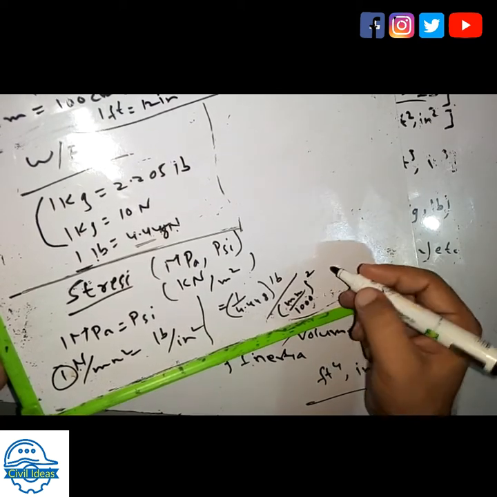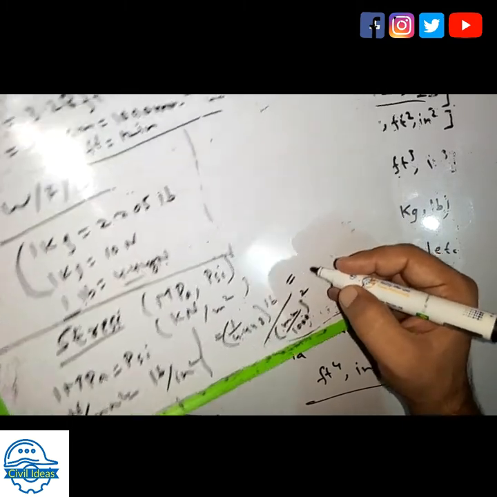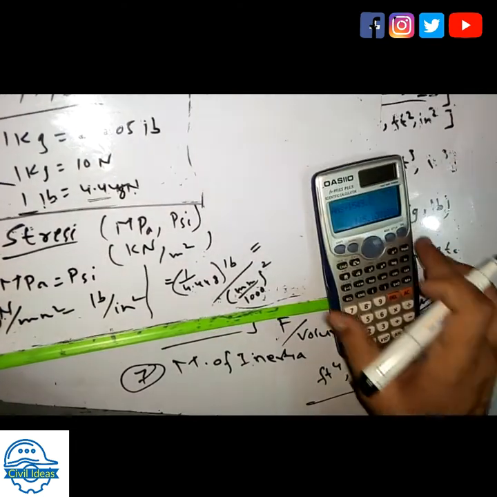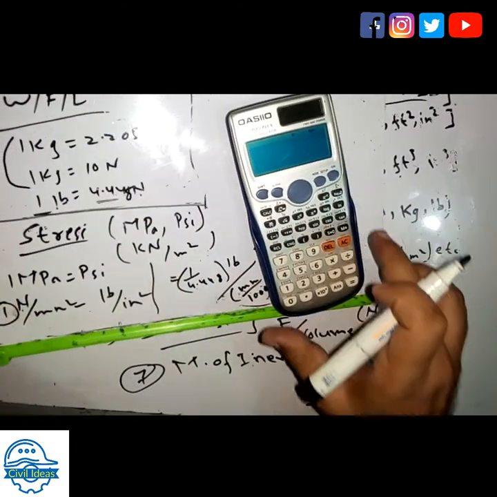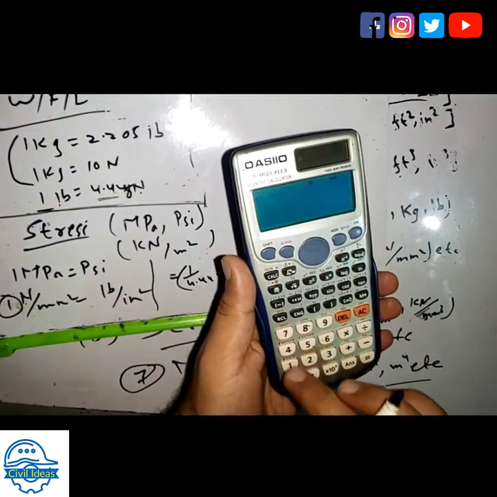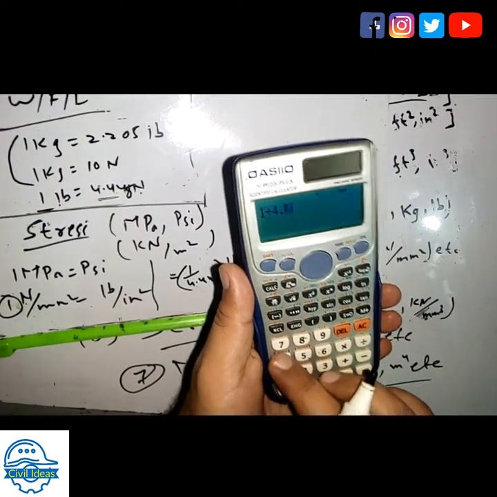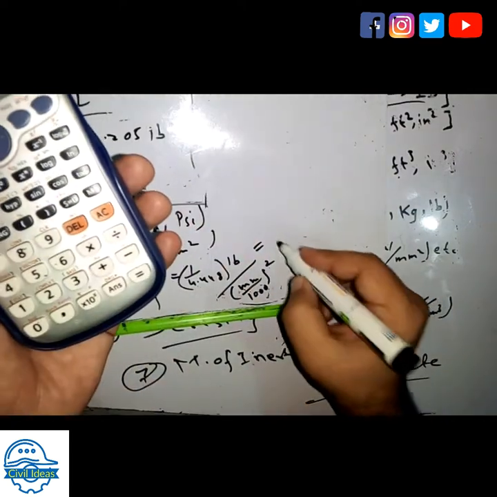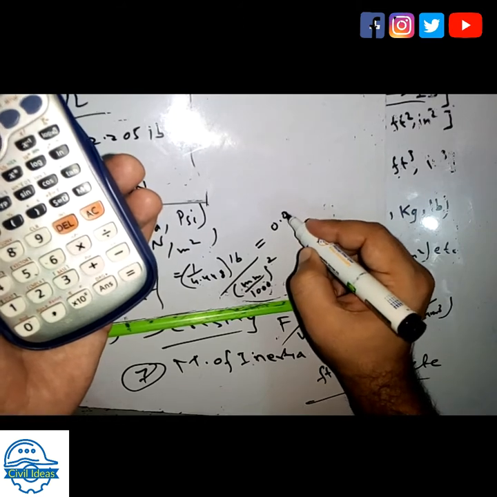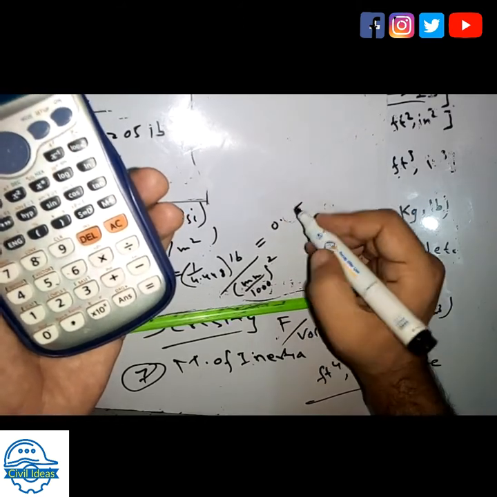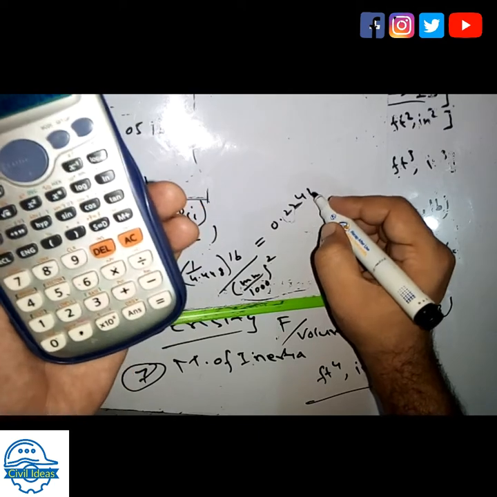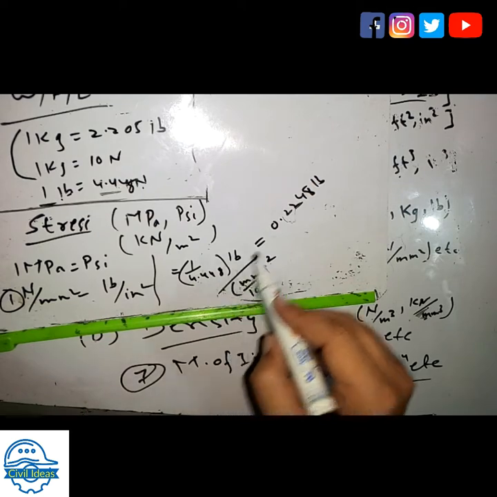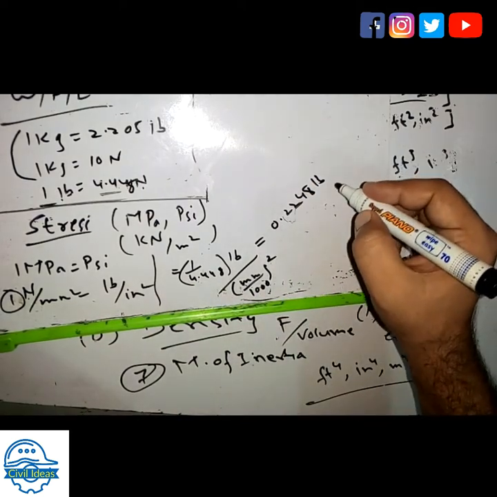So 1 divided by 4.448 will become 0.02224. This is pound. 1 Newton is equal to that much pound, and now we will convert mm.